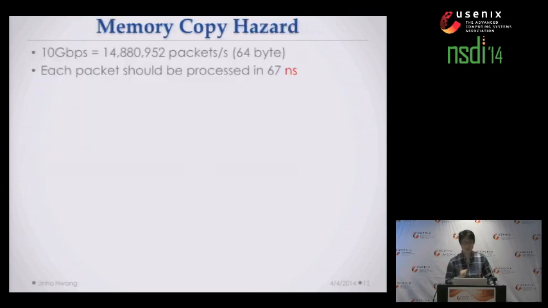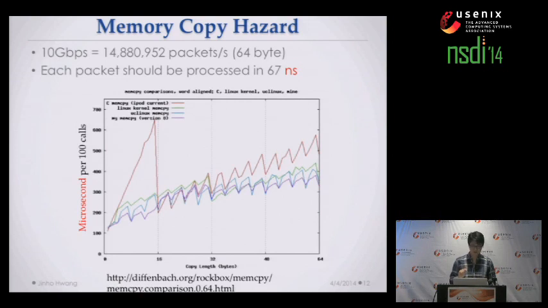Okay. So let's see why avoiding memory copy is so important. If we think about 10 gigabps with a 64 byte packet size, that is interpreted as 14 million packets per second. So it should be handled in the system in about 67 nanoseconds. But if you see this sample graph from the website here, it shows how much time it takes to copy 100 calls.